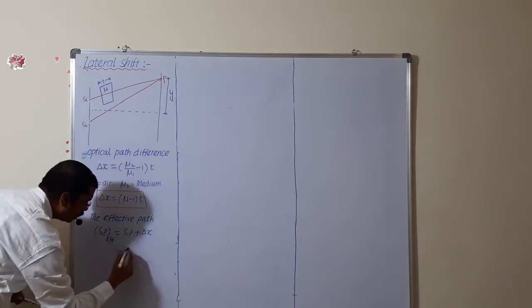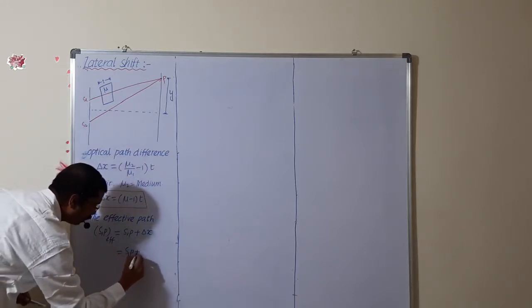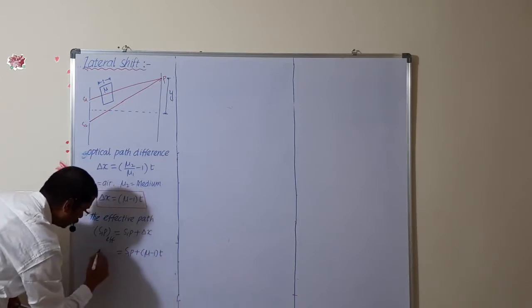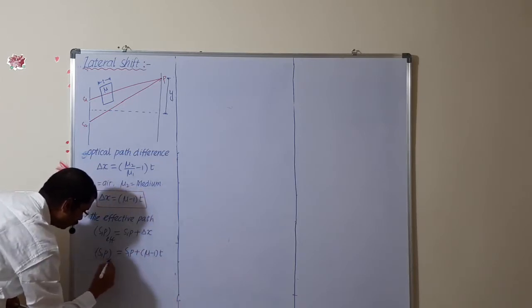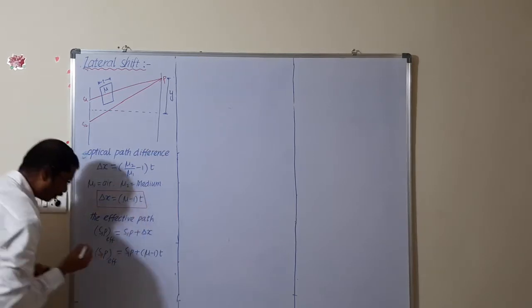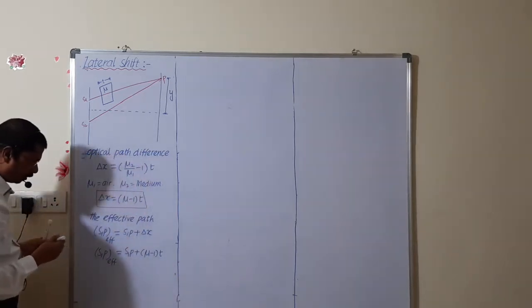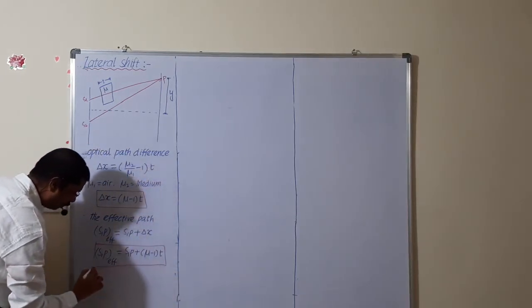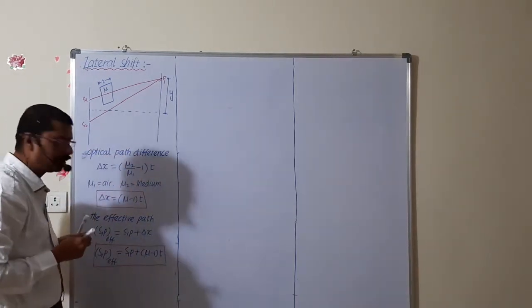Now this value is S1P plus (mu minus 1) into T. This is the S1P effective.